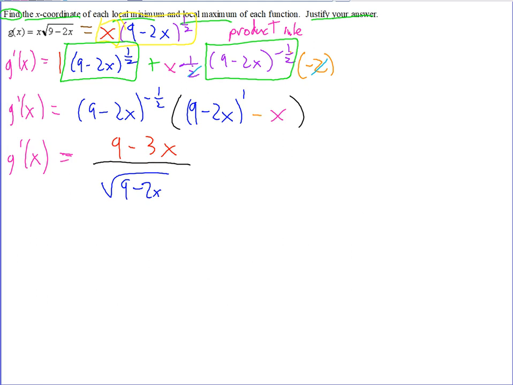And you can factor that a little further: 3 times 3 minus x, divided by the square root of 9 minus 2x. And now that we've simplified, we can find critical numbers by setting the numerator equal to 0 and the denominator equal to 0.